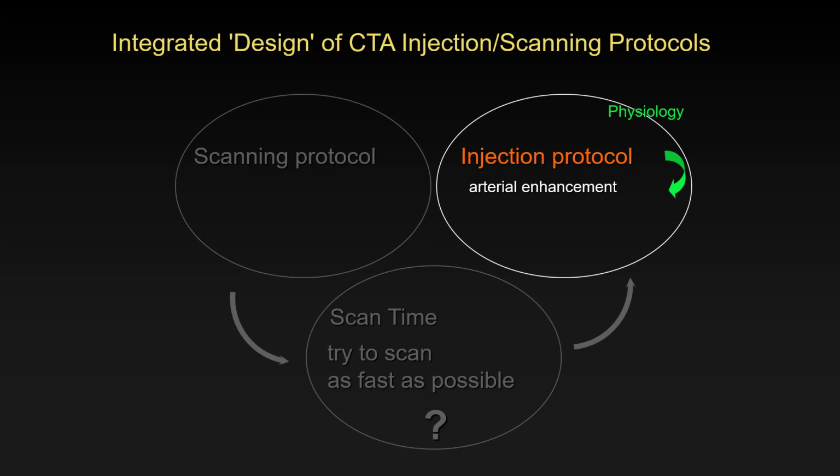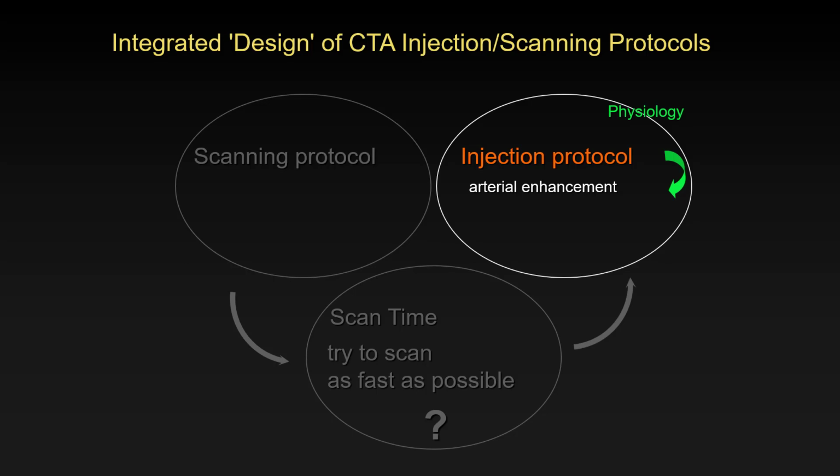Instead of what we did in the past, where we usually did a scout, we planned the CTA, we looked how long it takes to do the CT angio, we looked how many seconds those were, and then we said, okay, for so many seconds we need to inject that long. None of this is necessary anymore. What we can do now is, rather than building our protocols based on the speed of the scanner, we can just reverse the problem.